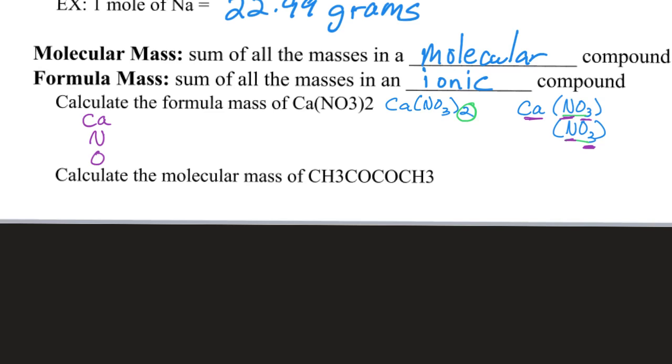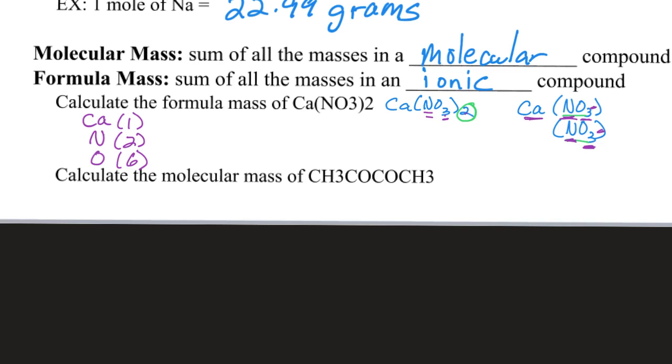So now I'm going to say how many of each type of atom. Well, calcium, I had 1. Nitrogen, I have 2, because it's 2 times everything inside the parentheses. For oxygen, I have 2 times 3, or 3 plus 3, giving me 6.